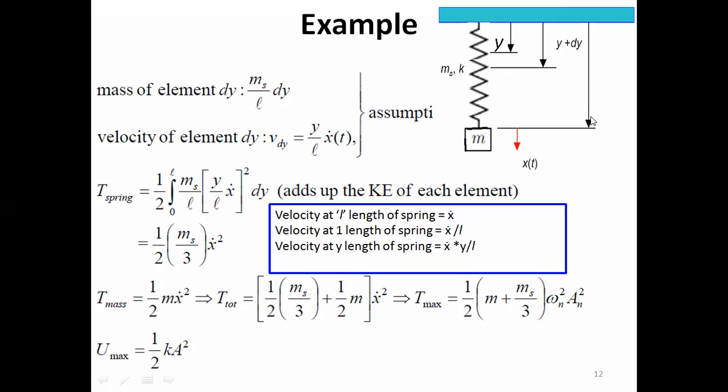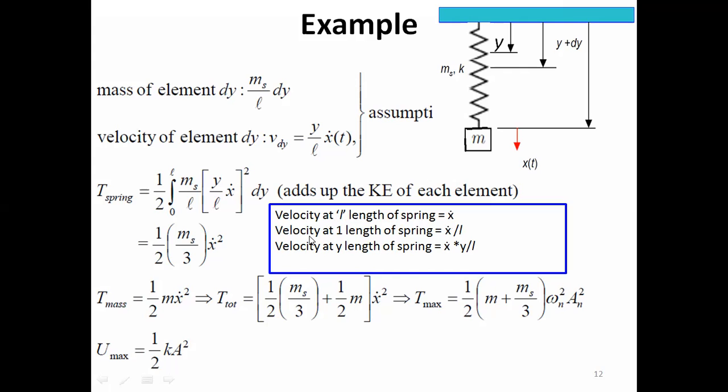So when y is equal to L, how much is the velocity? The velocity at this end of the spring is x of t. So the velocity at L length of spring is equal to x dot.